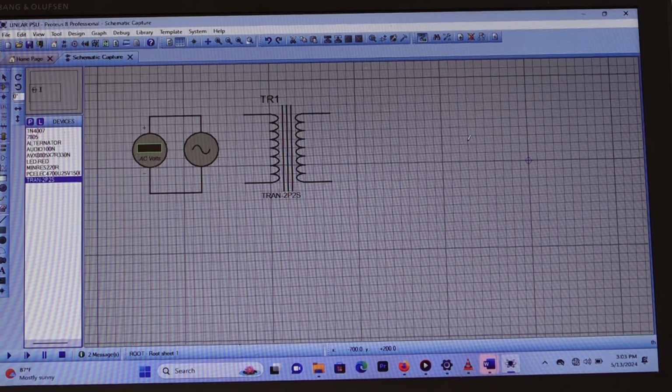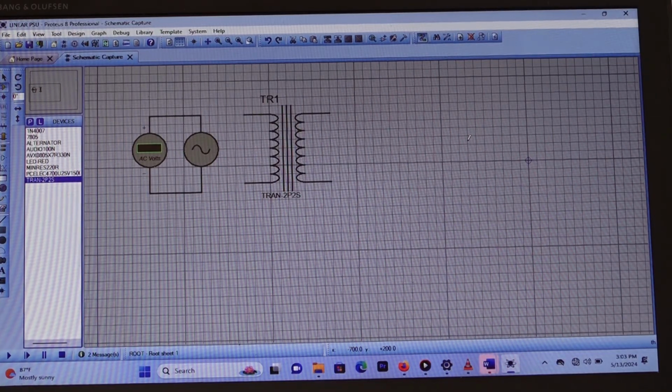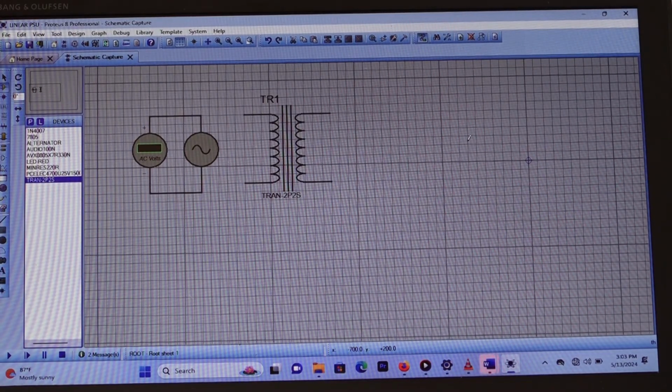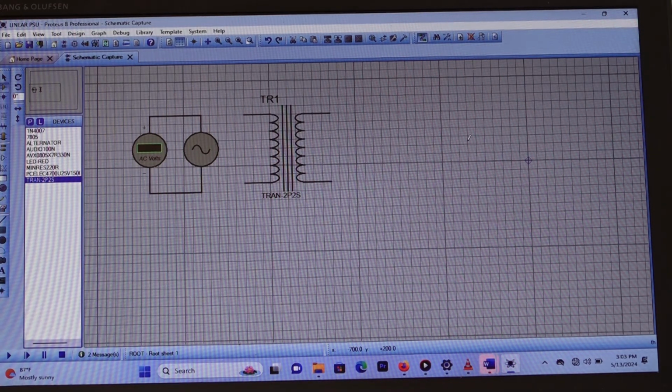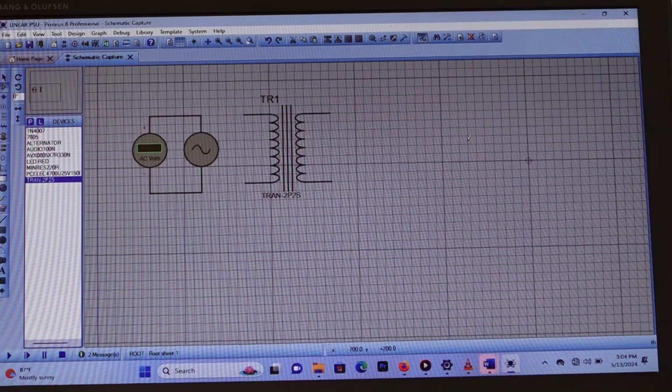Remember I told you that in Proteus, we don't have either a step-down transformer or a step-up transformer. Students, I say, look on the blackboard first.